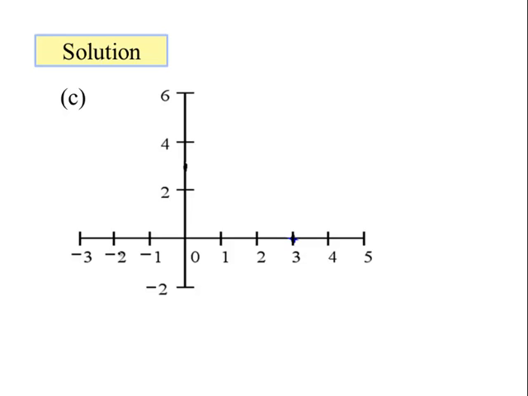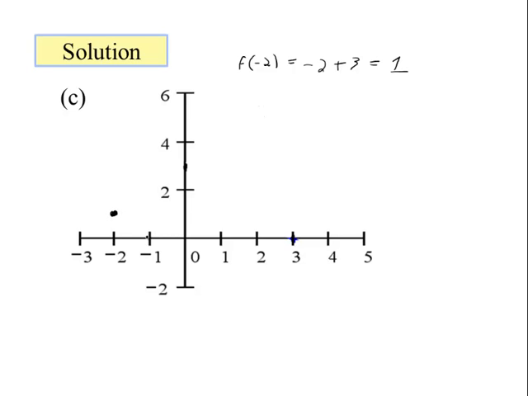Part C, so from -2 all the way up to 1, we use the function x plus 3. So when x is -2, we use x plus 3, which gives us 1, which is about here.